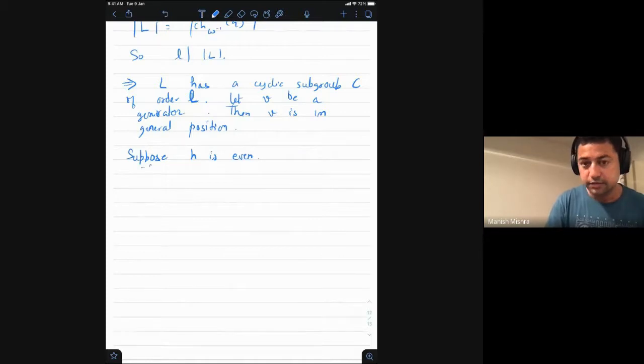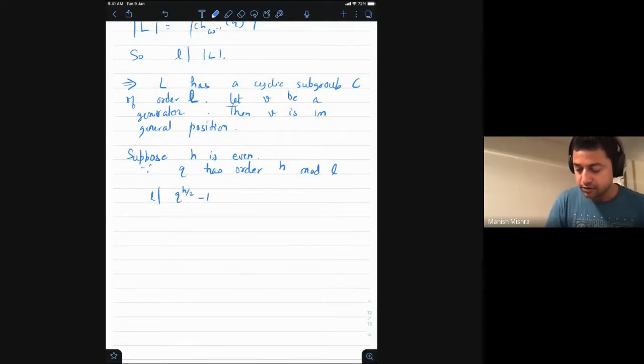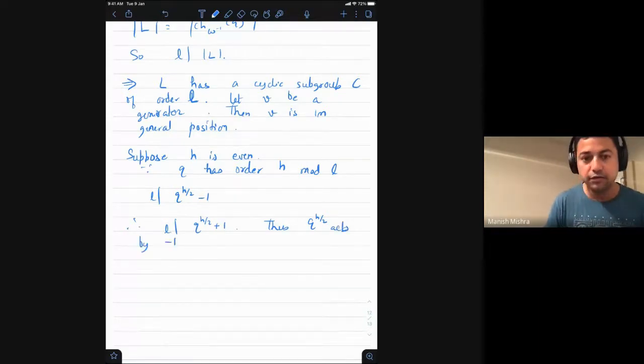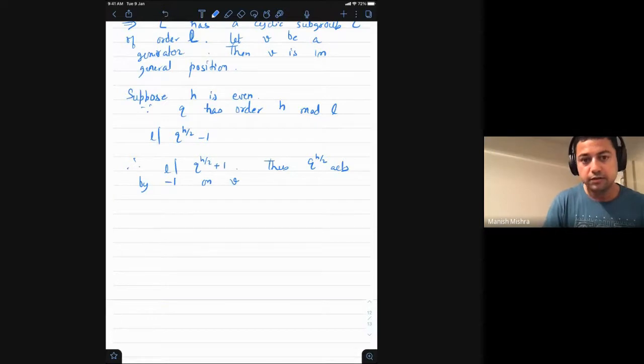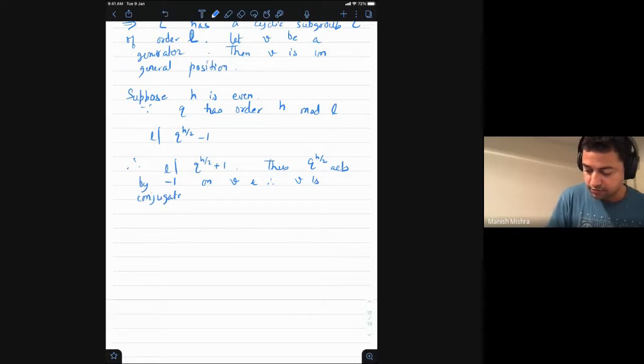Then since q has order h mod L, L does not divide q to the power h by 2 minus 1, and therefore L divides q to the power h by 2 plus 1, and thus q to the power h by 2 acts by minus 1 on v, and therefore v is conjugate self-dual.